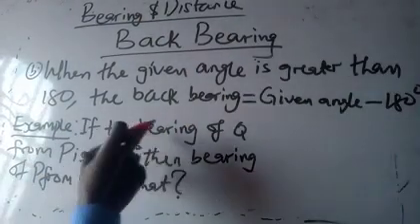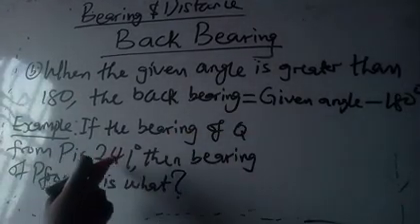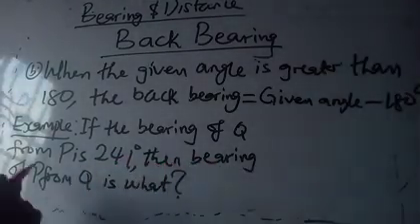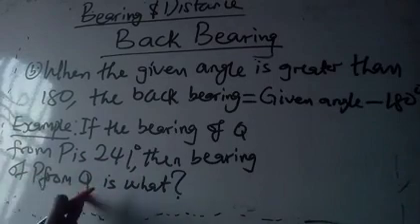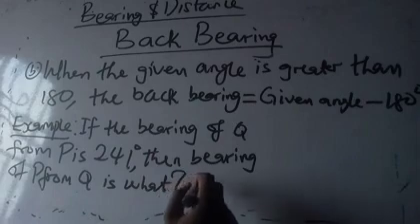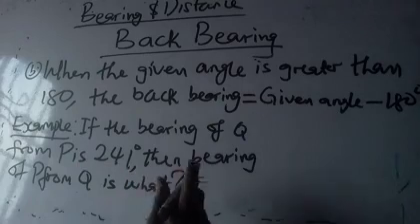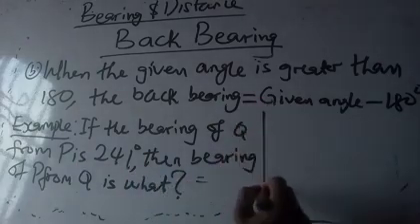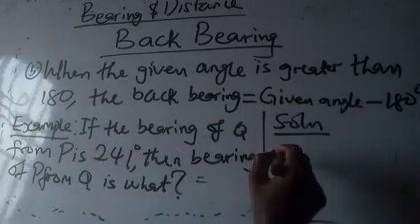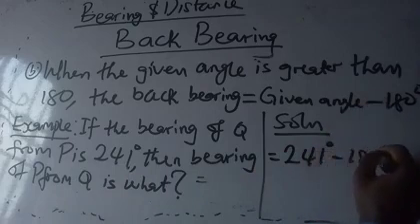Let's see this example. If the bearing of Q from P is 241, then the bearing of P from Q is what? Mathematically, the given angle is 241 degrees minus 180.